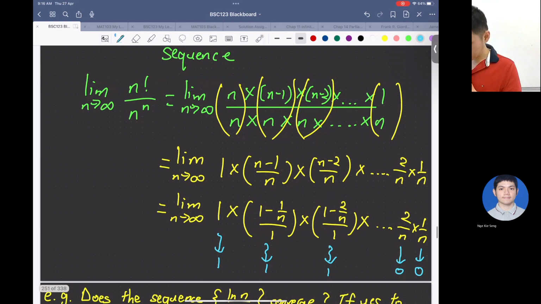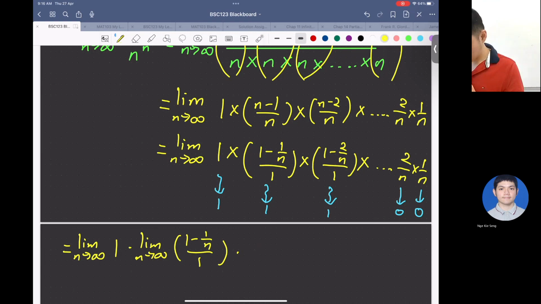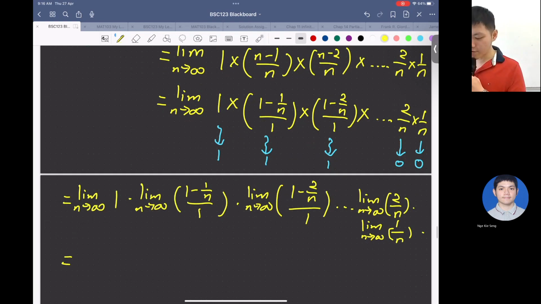We can split the limit because it is a multiplication of convergent sequences. Depending on how you write the sequence down, you will get either 1 or 0 in the middle.